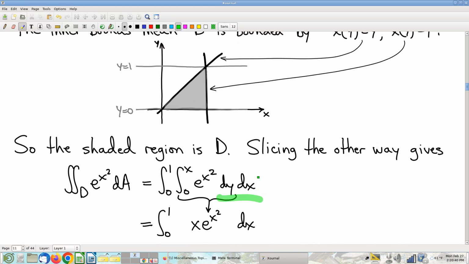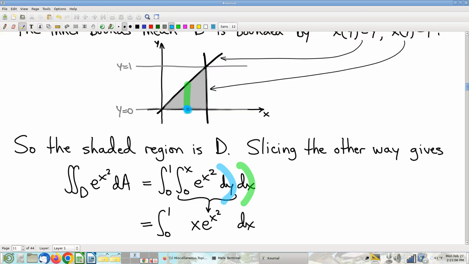Let's see what happens. Well, x slices look like this, starting at the origin, ending on this line right there. That makes x go from 0 to 1. Then let's fix a value of x and think about values of y.